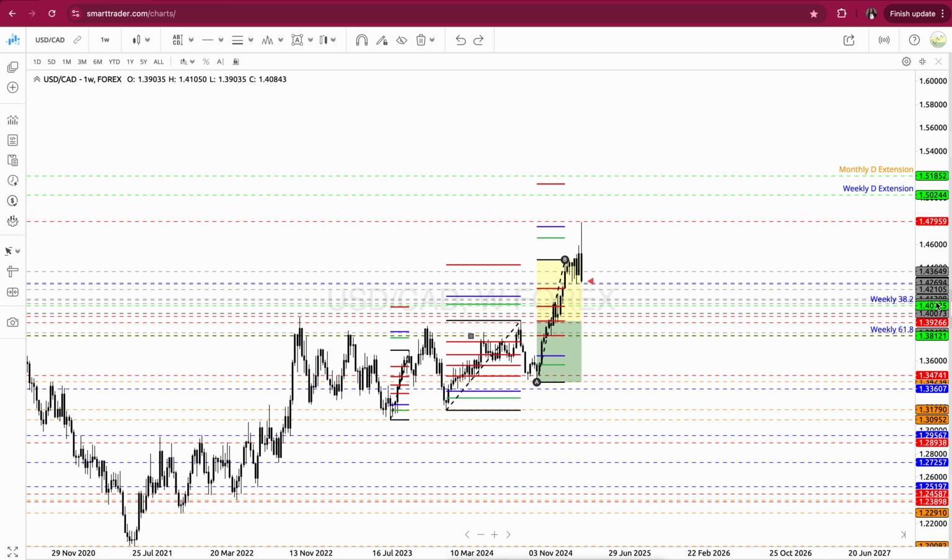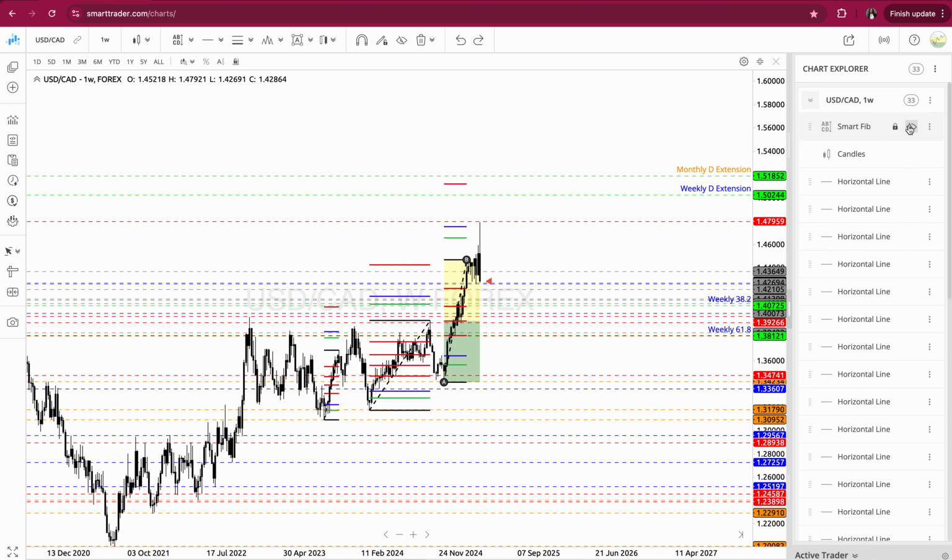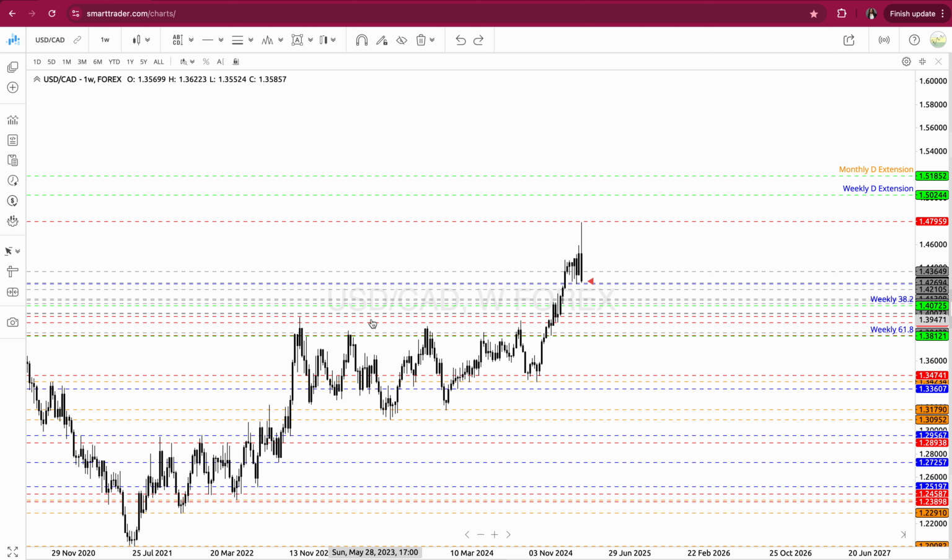Now, if I just turn off the fib and I go back to the basics of market structure, I'm looking at how this is forming. Y'all know the basics: when we break through a significant level, we typically come back and we test it as potential, the opposite of what it was.